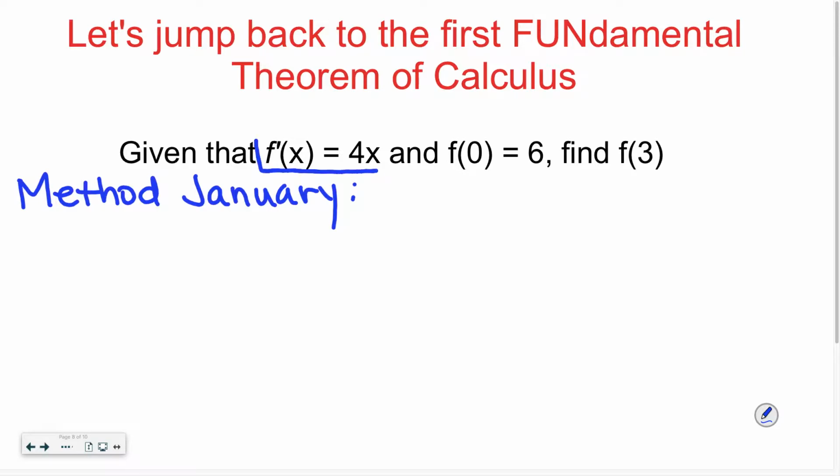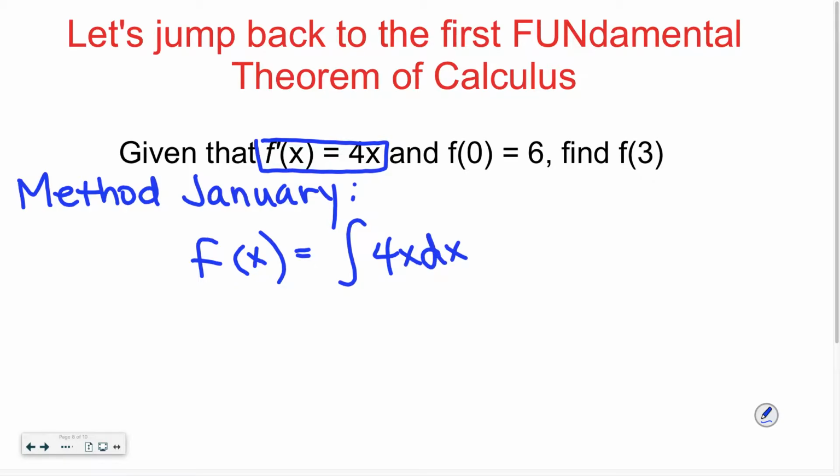So we know that our function should be the antiderivative of the derivative, right? We need to go backwards. Taking the antiderivative, we go backwards. So if we have 4x as our derivative, we need to go backwards to the function. Which means our function is what? 2x squared plus c.